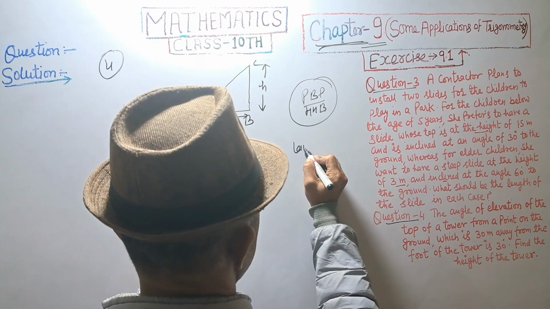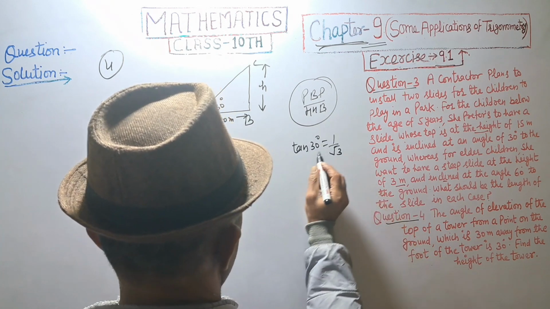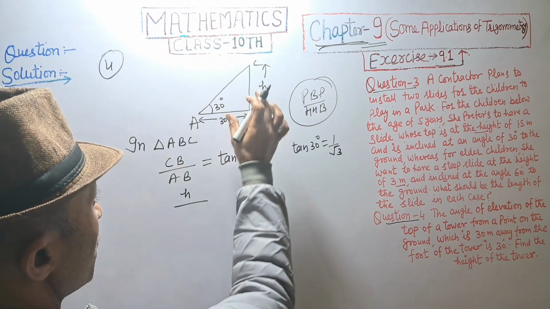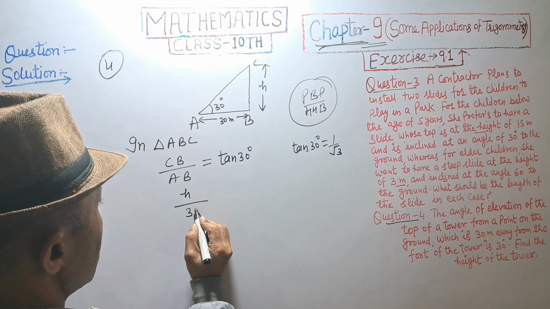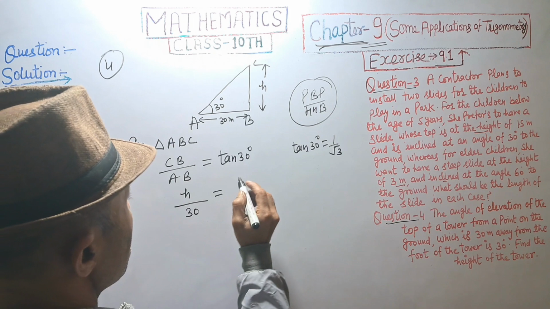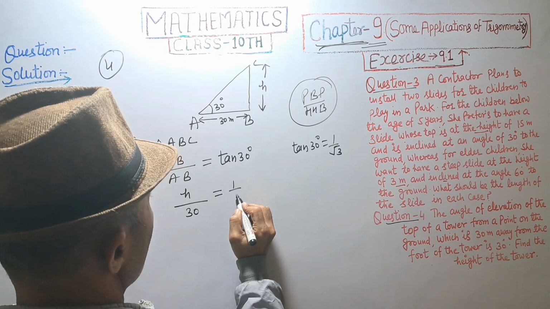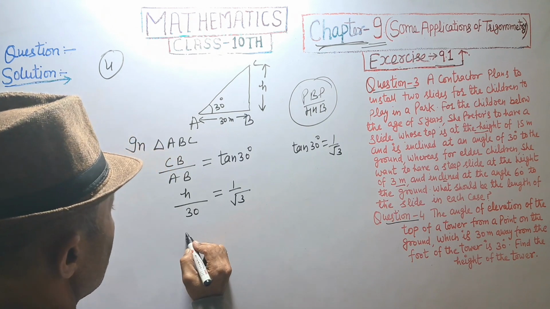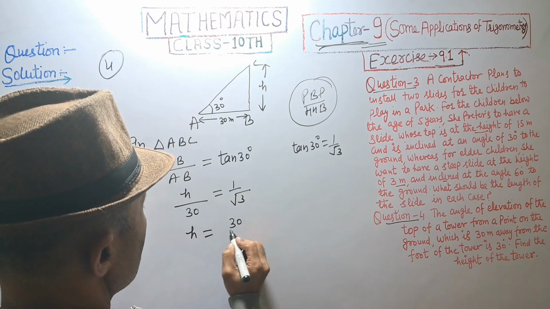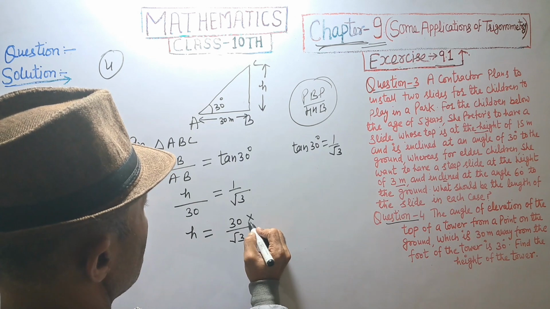We know that tangent 30 degree is equal to 1 upon root 3, and CB is H. We want to find H. AB is 30 meter, so H upon 30 is equal to 1 upon root 3. Height H is equal to 30 upon root 3.